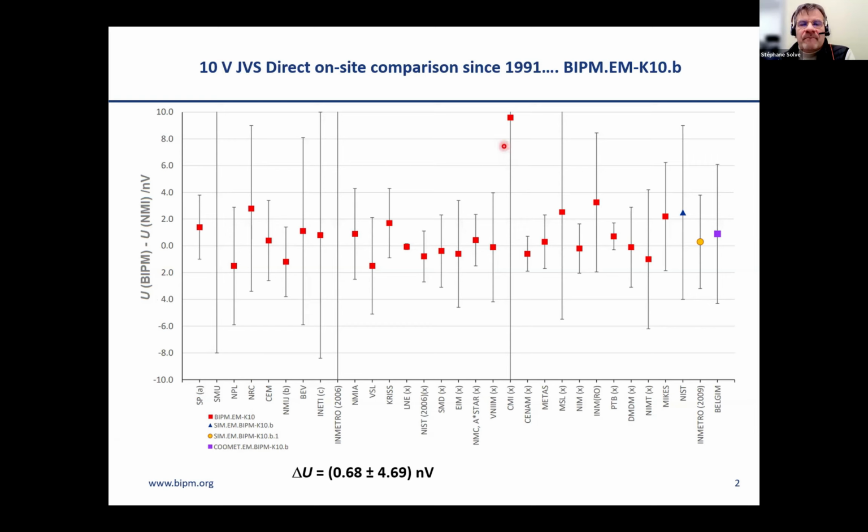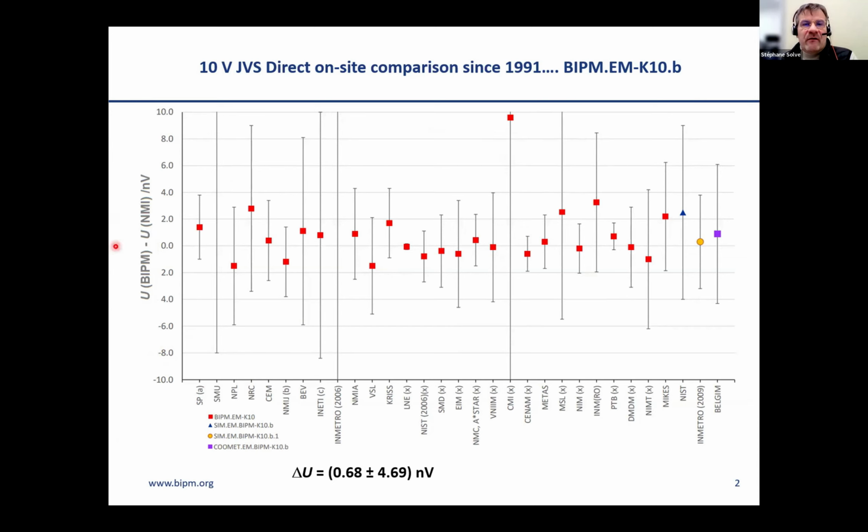From 2004 up to now, we had 28 participants in this comparison at a 10-volt level, and on this graph, there are three participants for which the results were quite discrepant compared to the others. But I have to say that for each of these three particular comparisons, a clear technical explanation could be found to explain the discrepancy at the time of the comparisons.